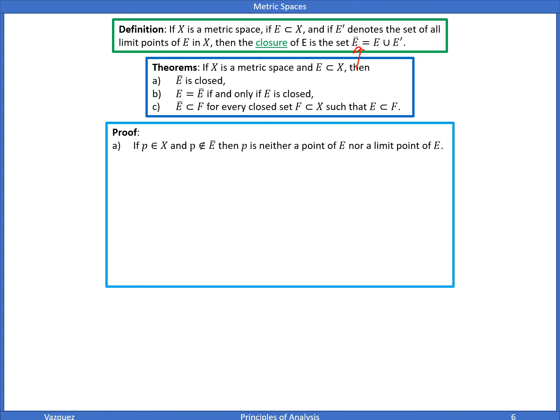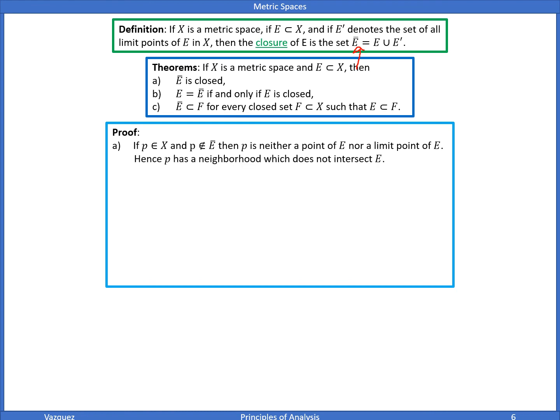For A, we're going to first assume that P is in X and P is not in the closure of E. Well then P definitely can't be a point in E nor a limit point of E, right? Otherwise it would be in its closure.